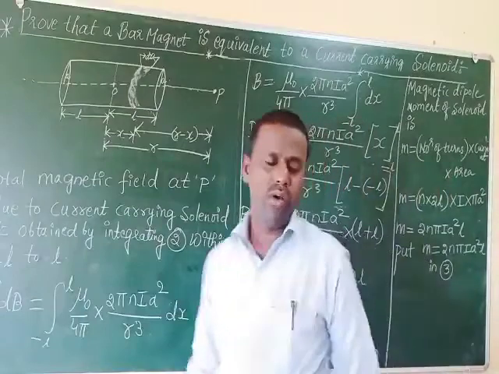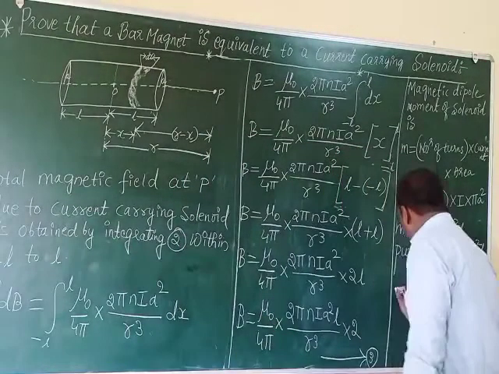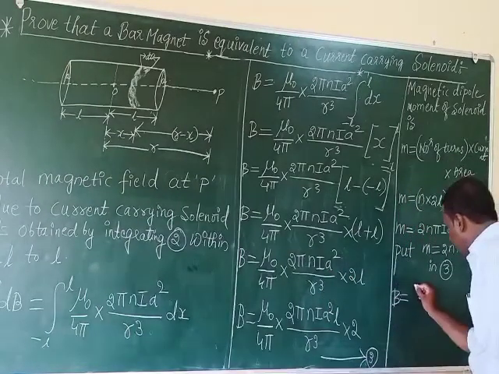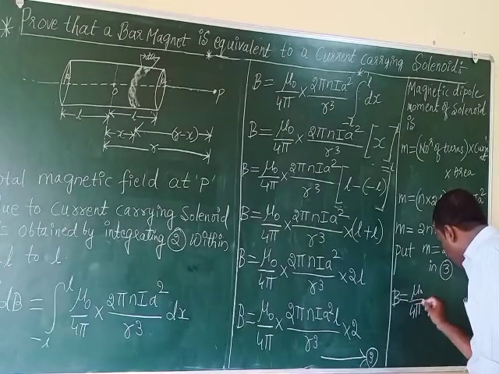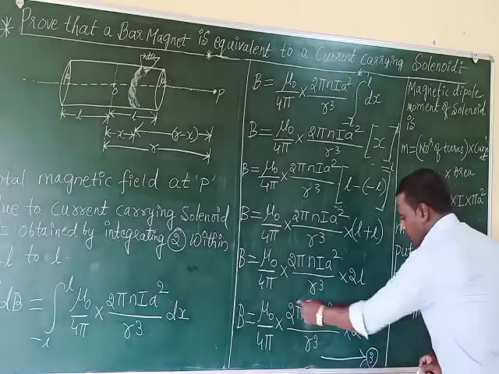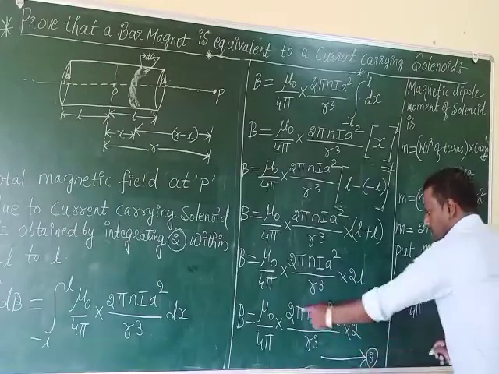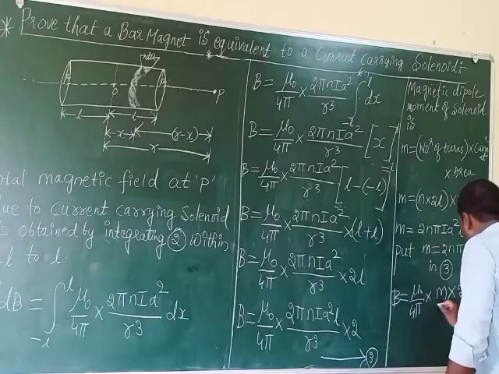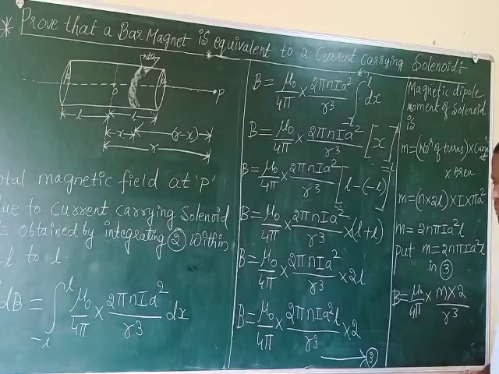Therefore what you will get, B equals mu naught by 4 pi into, see this whole term becomes m, this 2 pi n I a square l, m into 2 divided by r cube, right?